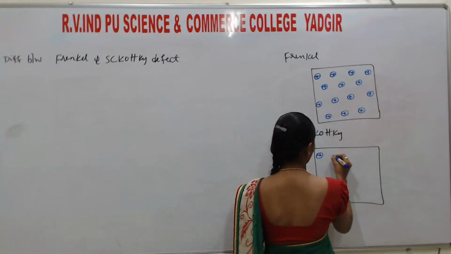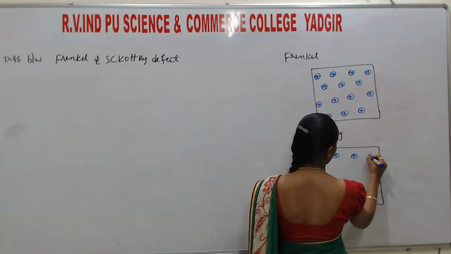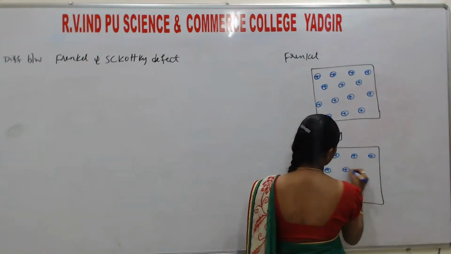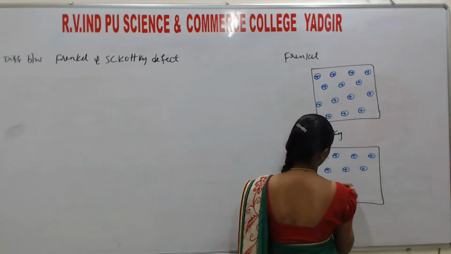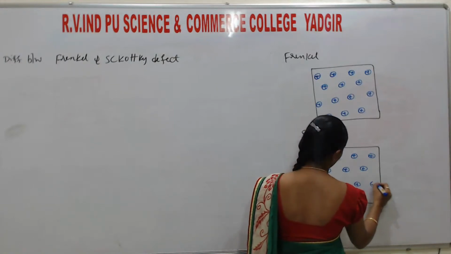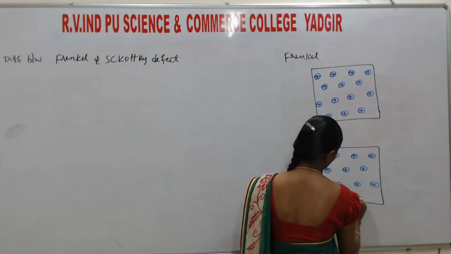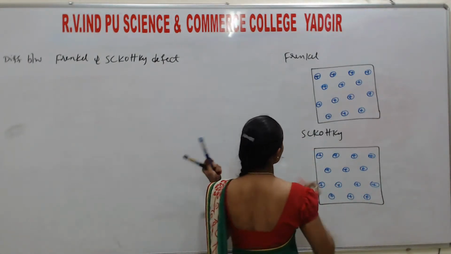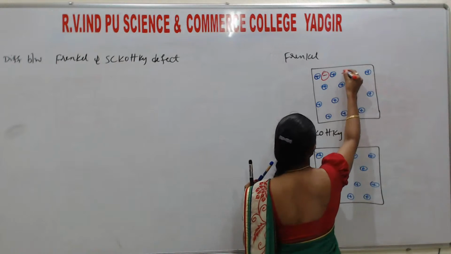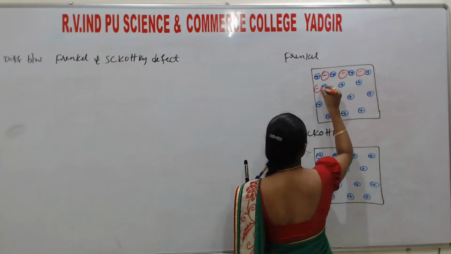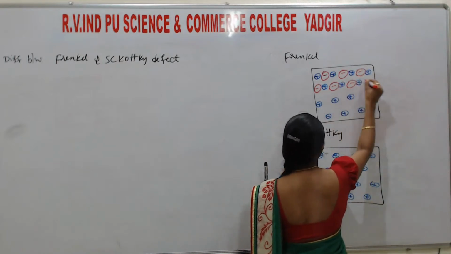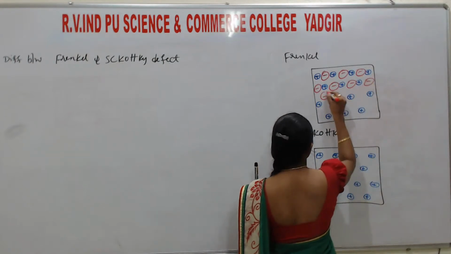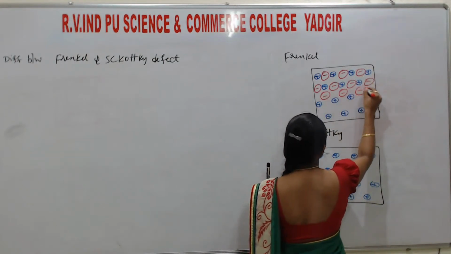This is the cations. This is positive. The next one is negative ions, which are bigger in size. Why? Because anions are greater in size, cations are smaller in size.